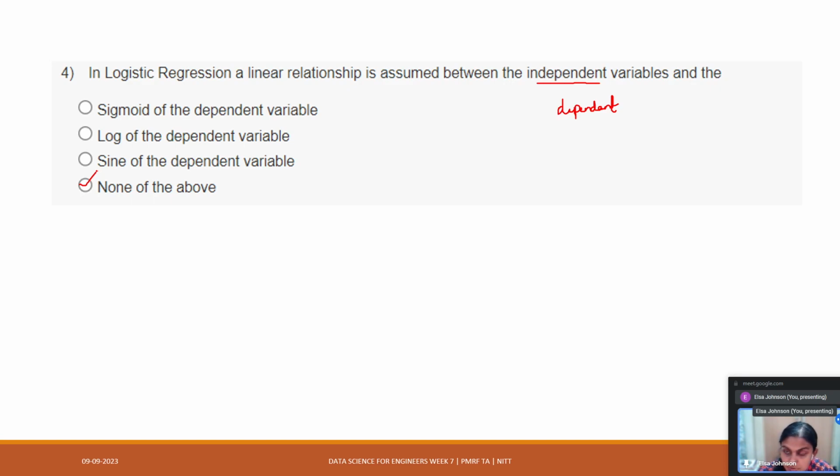So only if your dependent variables and independent variables have a linear relationship, then only we will go for logistic regression. Okay, I hope that is fine. So first we assume a linear relationship, then only we go forward. Is it clear?